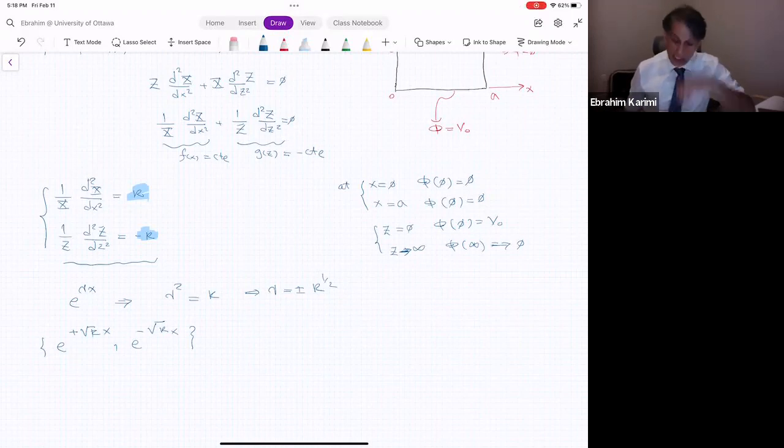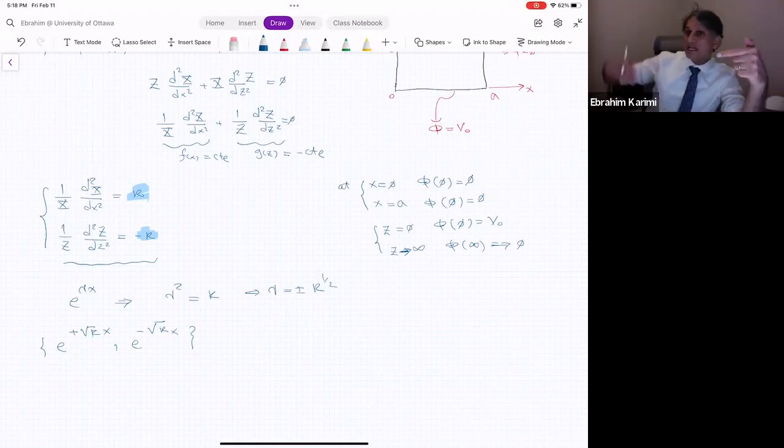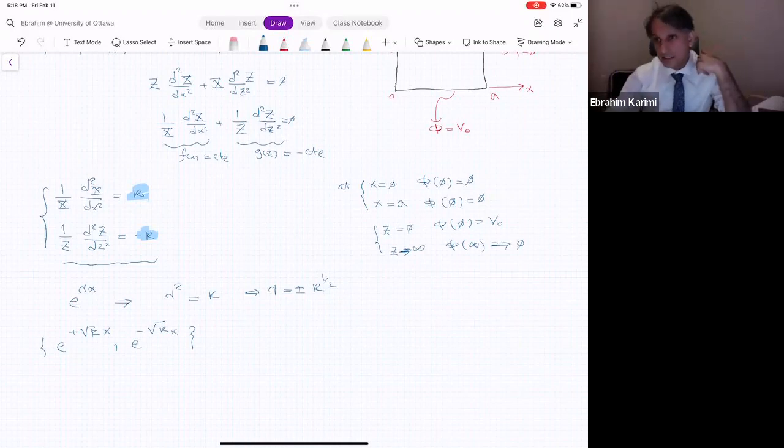So if kappa is positive, what do you get? Then along the x direction, the potential will be increasing or decreasing. Are you with me, guys?